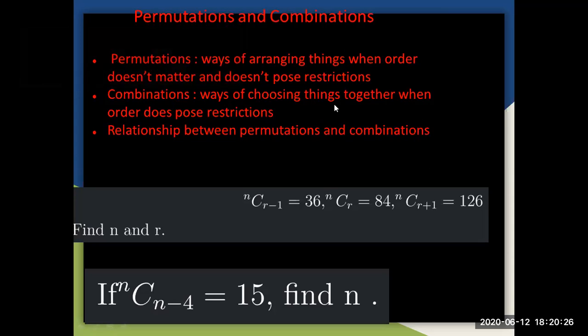So permutations are ways of arranging things when order doesn't matter and doesn't pose restrictions, and combinations are ways of choosing things together when order does pose restrictions. Wait, isn't that the opposite?